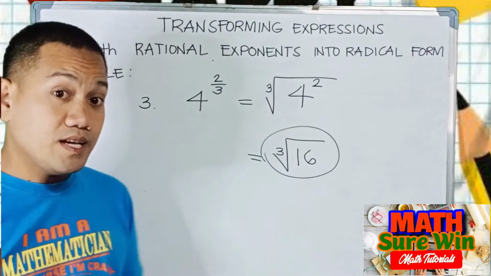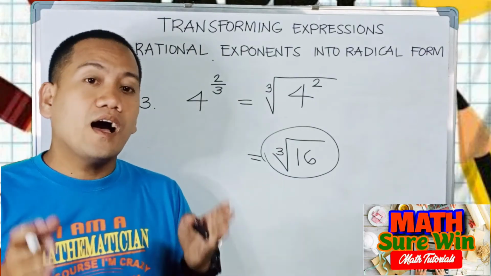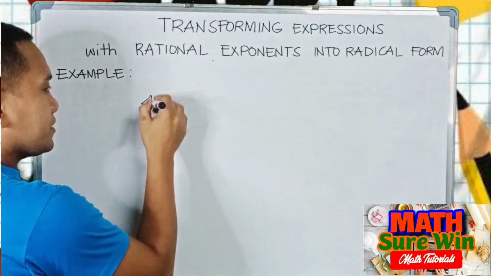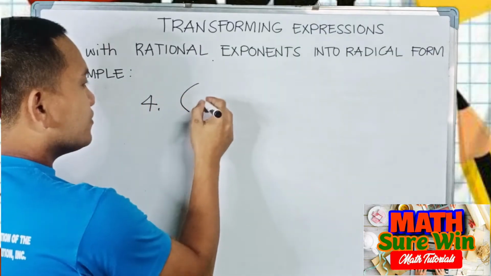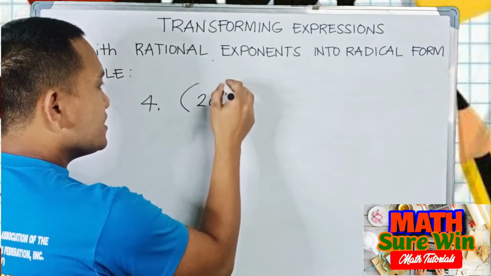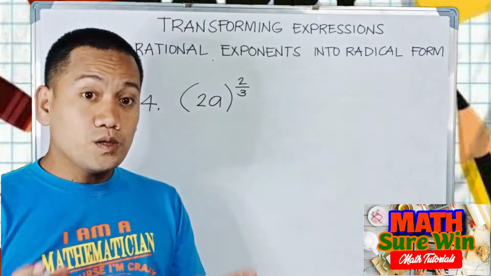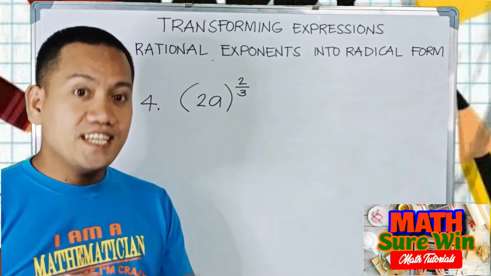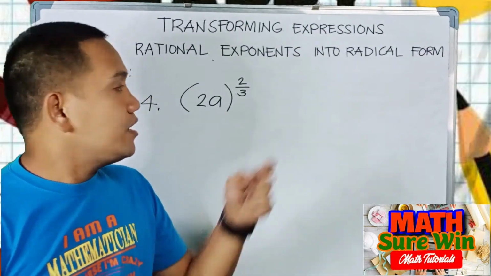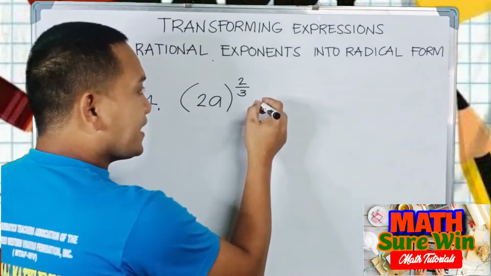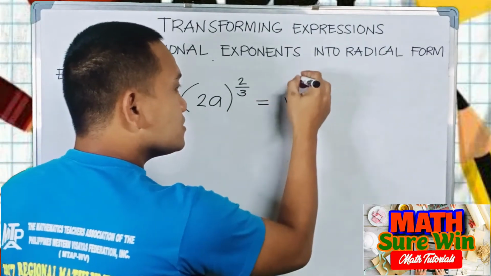So we are naming our radical expression according to its index. Let's have the fourth one. So if we have 2a raised to 2/3, it follows that the expression 2a is raised to our rational exponent, which is 2/3.